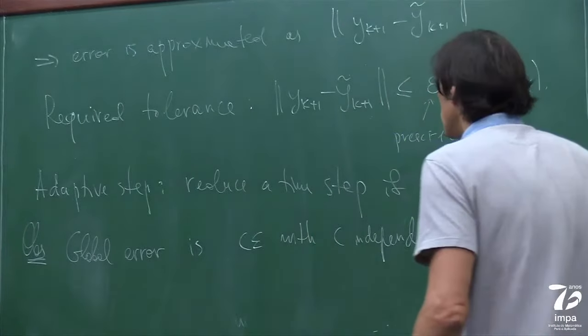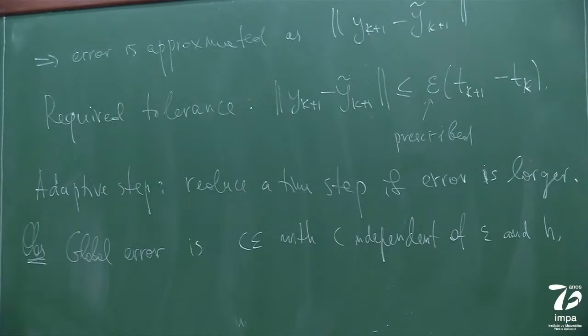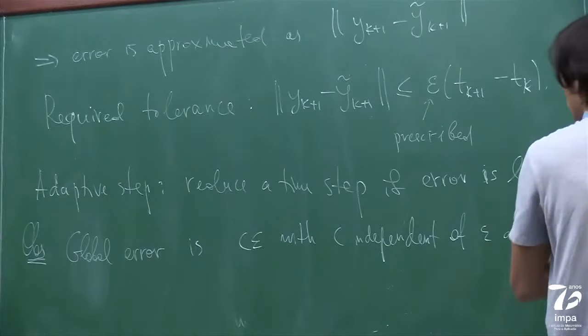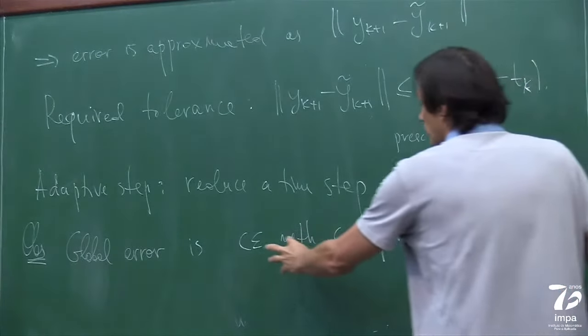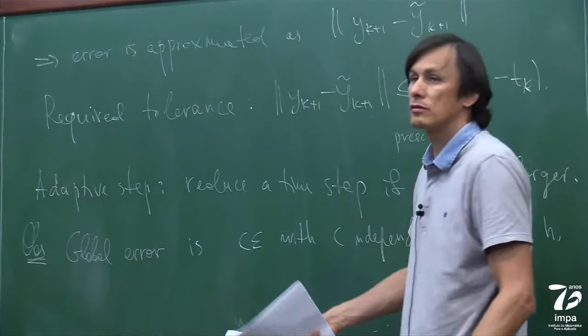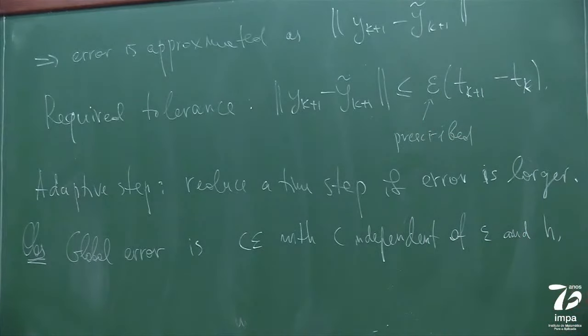So in principle, you can prove that if you control the local error, you also control the global error with some coefficient that depends on the system. So in principle, it works.